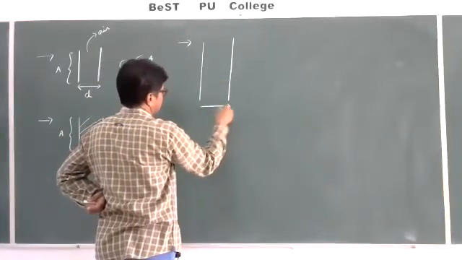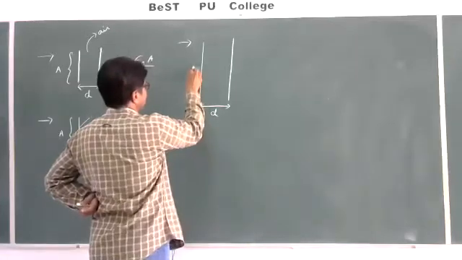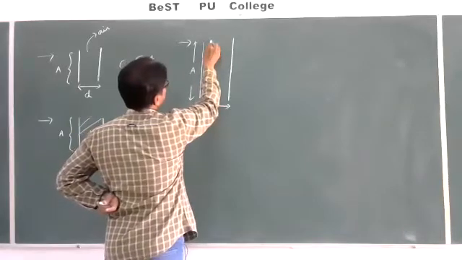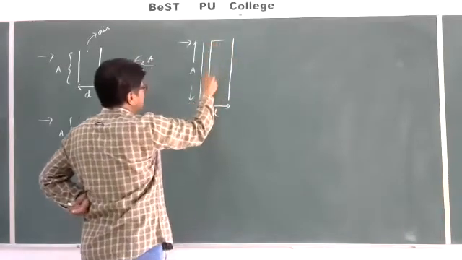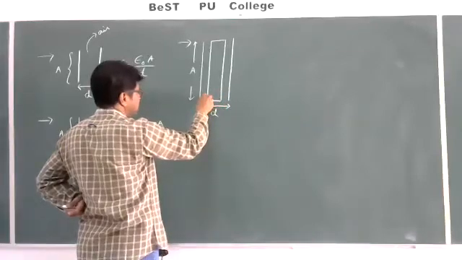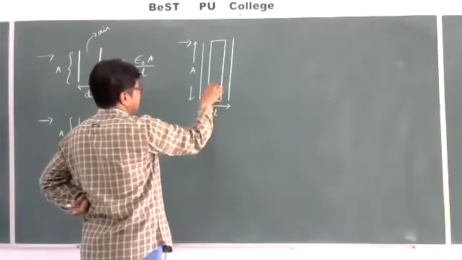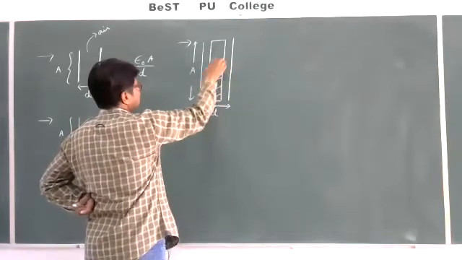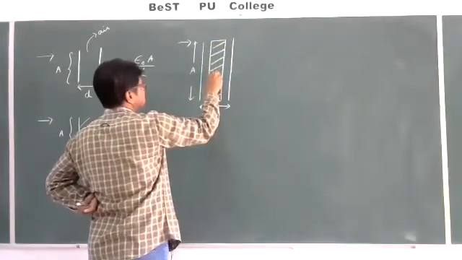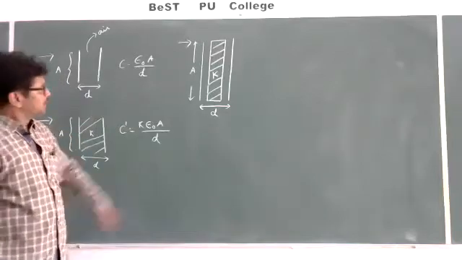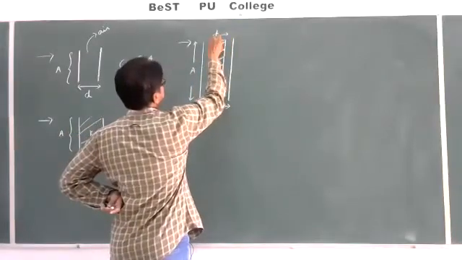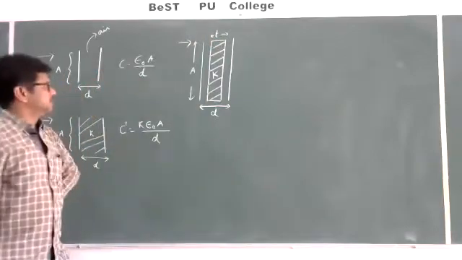The distance between the two plates is D. The area of each plate is A. And here, between the two plates, the medium is partially filled, not completely, with a dielectric medium of dielectric constant K. Now it is partially filled, not completely. The thickness of that is T.